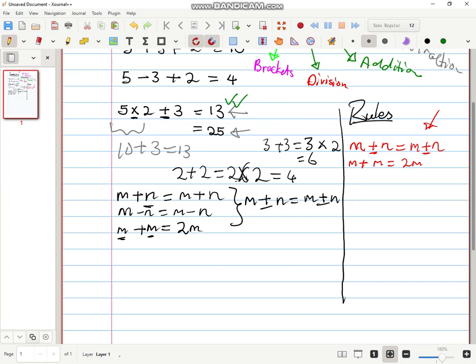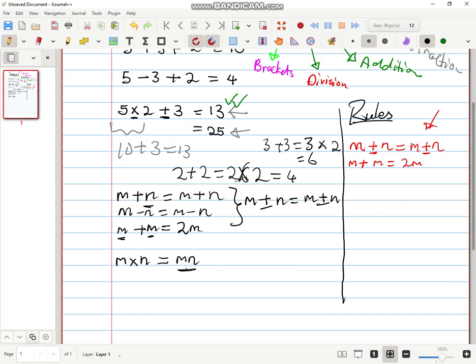Let's say m times n, right? m times n, you're going to have mn, right? Because you multiply the two, whatever their product is, this is the representation in terms of algebraic expressions, the way that we represent things in algebra.